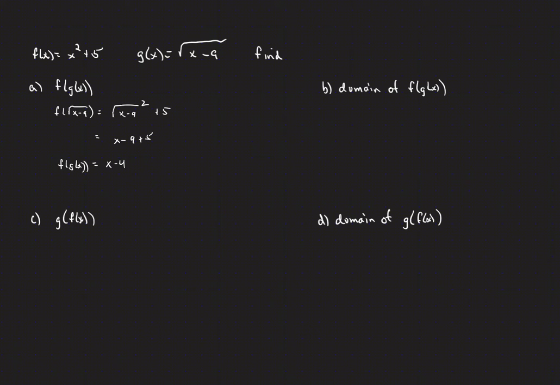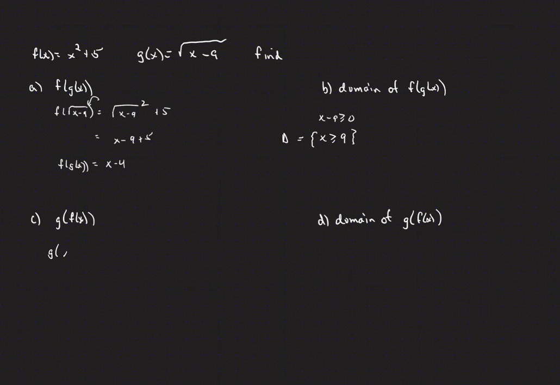We know that this has to be defined when you first plug it into g, and g's domain says that x minus 9 must be greater than or equal to 0, so that makes the domain of f of g of x, x greater than or equal to 9.